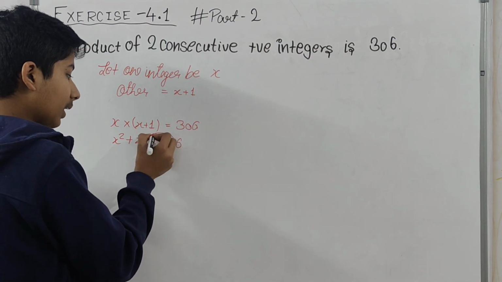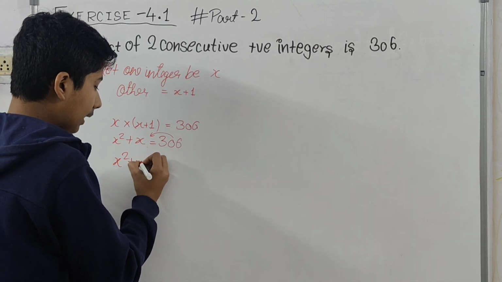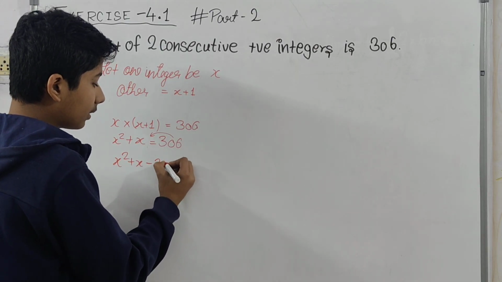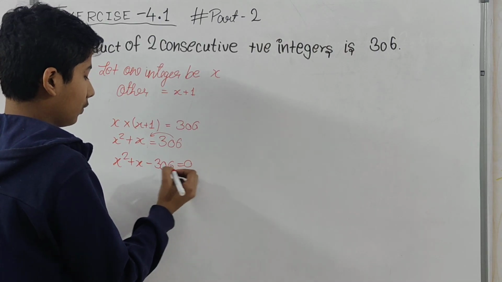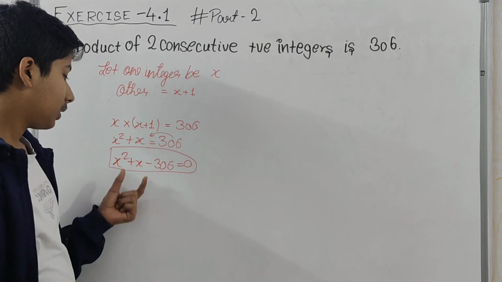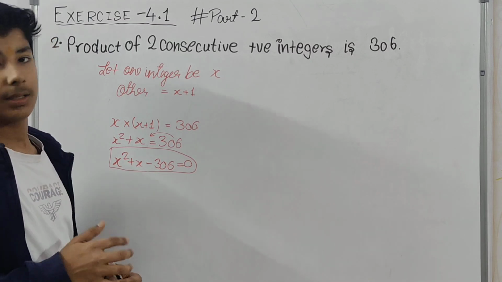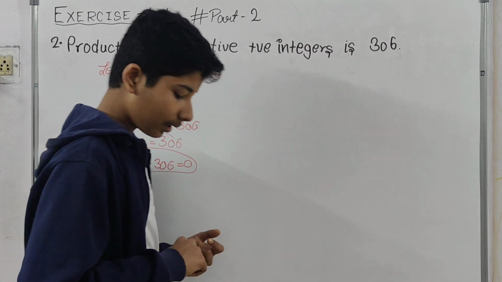So we'll make it come this side. It will become x square plus x minus 306 equals to 0, and hence this will be our equation. And when you do middle term split, you will find the answer. Okay, I hope this is clear.